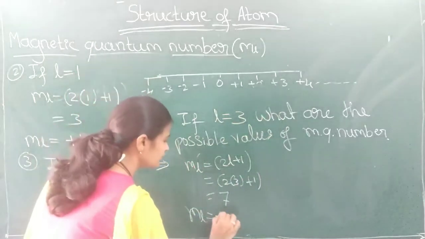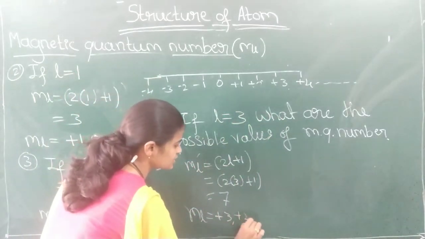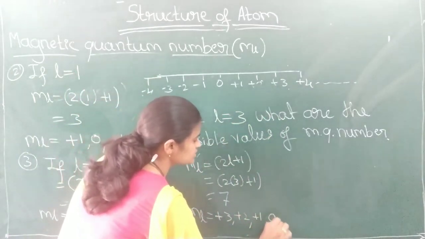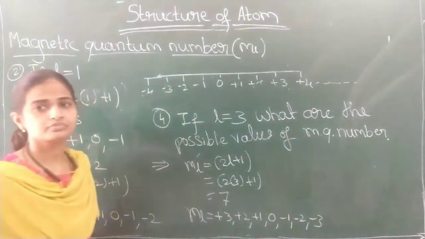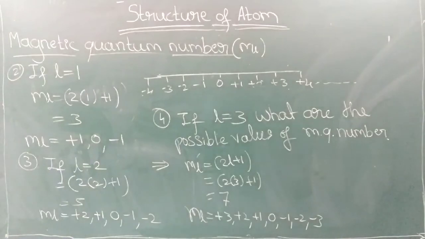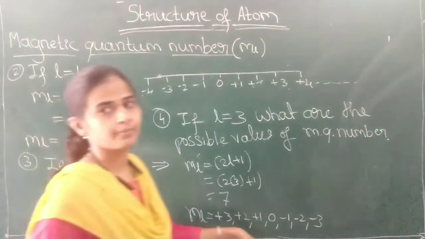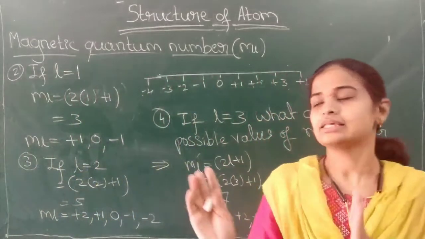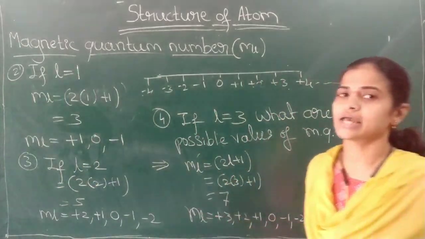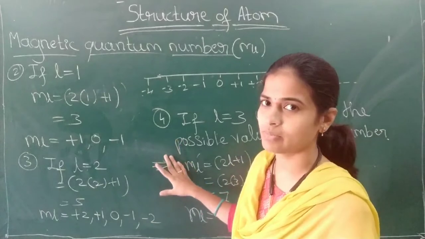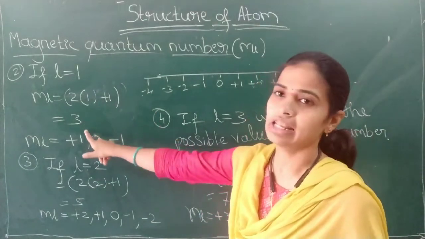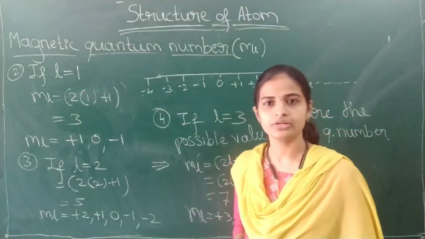So therefore, plus 3, plus 2, plus 1, 0, minus 1, minus 2, minus 3. These are the possible values. The only thing is you have to understand how to write the values of magnetic quantum number when the value of L is given.